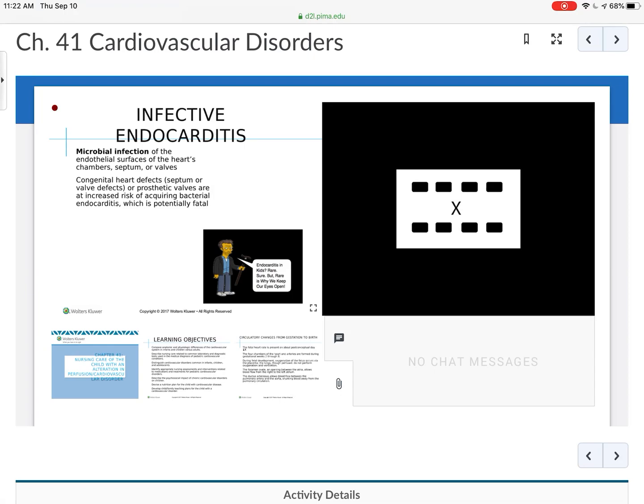IV drug use, obviously we don't see that in infants. Sometimes we see it with bacteria of the mouth, so decaying teeth. And then sometimes what we would do is antibiotic therapy for about 4 to 6 weeks.